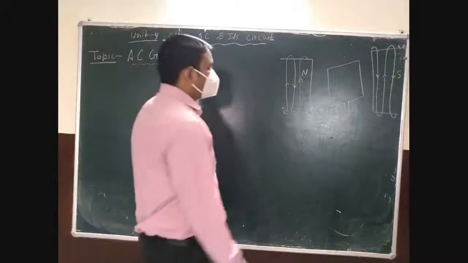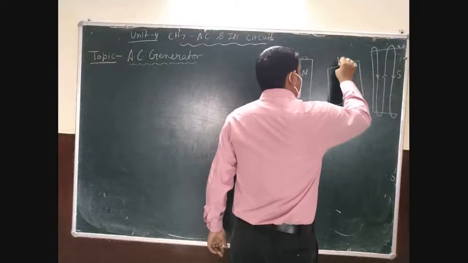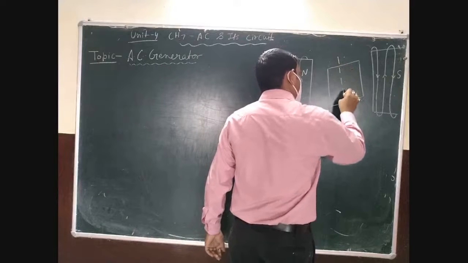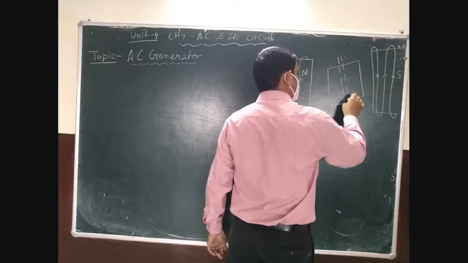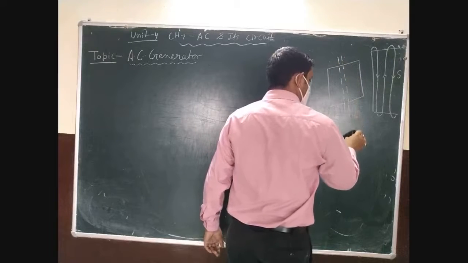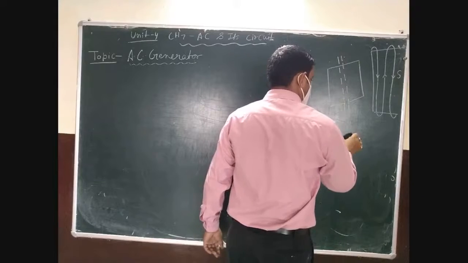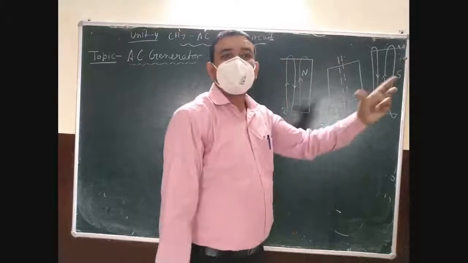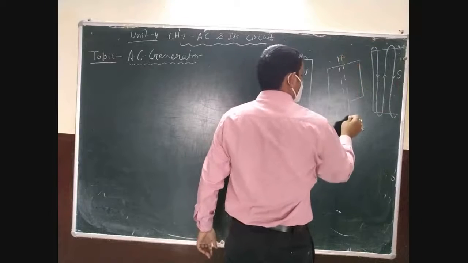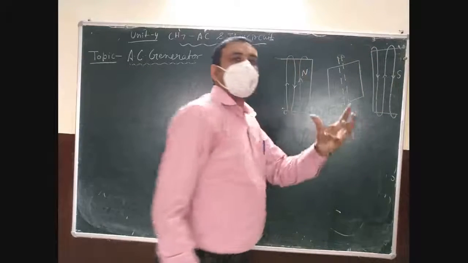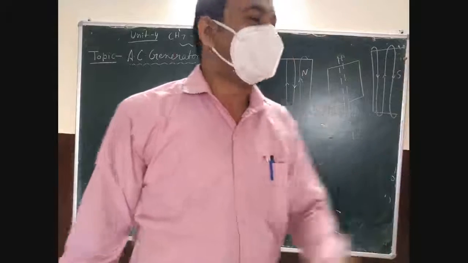Okay, now this is the shaft of this coil. And the shaft is fitted with the two bushes on which it can move freely.